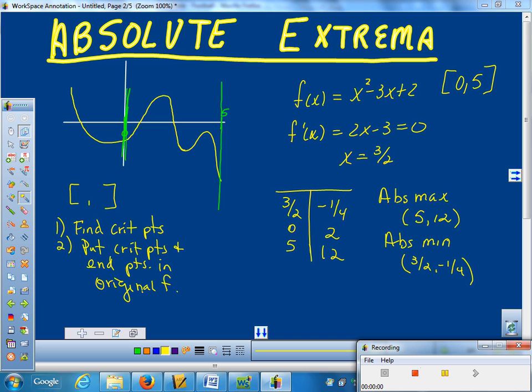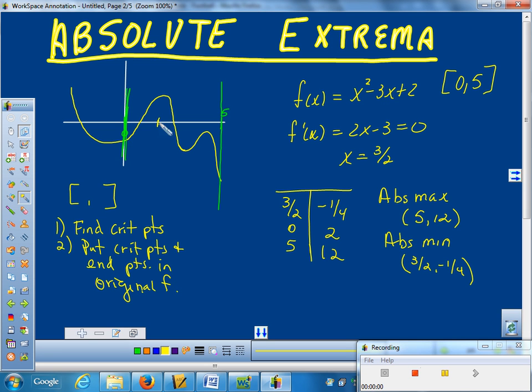But when I put an interval on there from 0 to 5 with the green lines, by cutting it off at those points, I now have a maximum over here at this peak point. And my minimum can be over here, actually at 5, where the interval cuts off. That would be the lowest point. So what your interval is has a huge impact on where your absolute maximums and minimums can be.